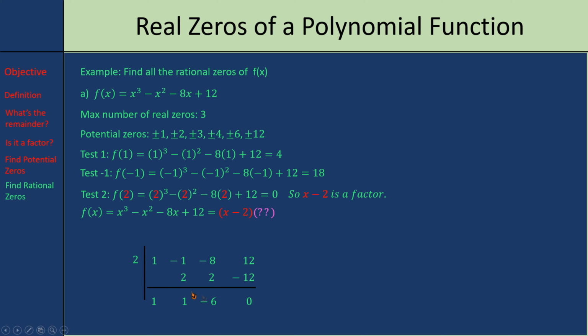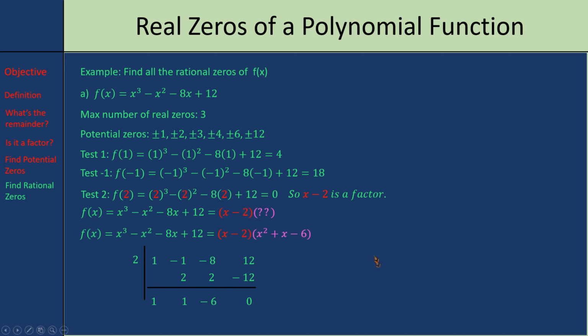That means this guy is the pink guy that is missing here. So the 1, 1, -6 gives me the polynomial that is left after I divide by x minus 2. So what that means is I get 1x squared plus 1x minus 6. See, that's the pink guy. That's the result after I divide it.